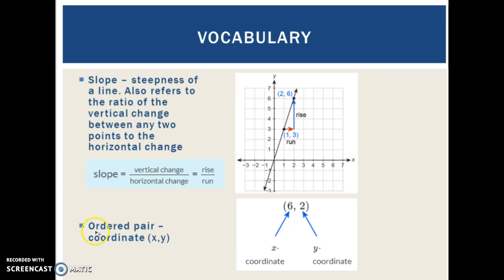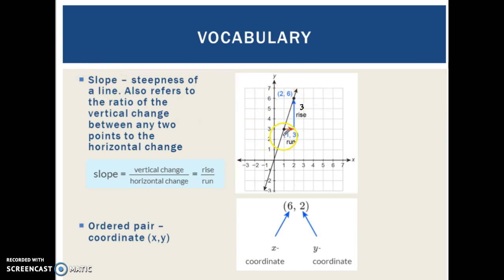Looking at this graph, if I want the slope of this line, I'm talking about the steepness, how steep this line is. If we want the change in the vertical distance between these two ordered pairs, you're just going to count the units. So 1, 2, 3 would represent 3 units. The vertical change in this example is 3.